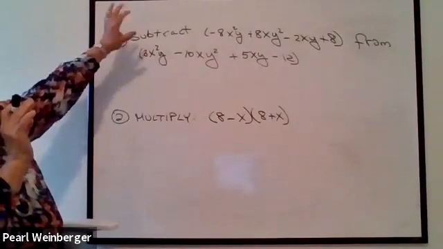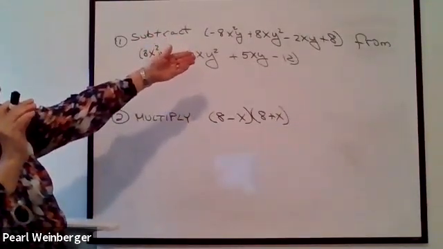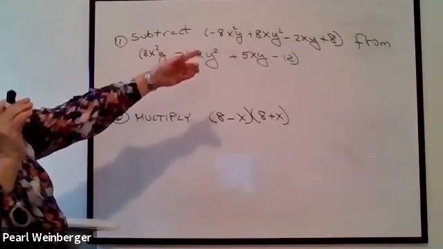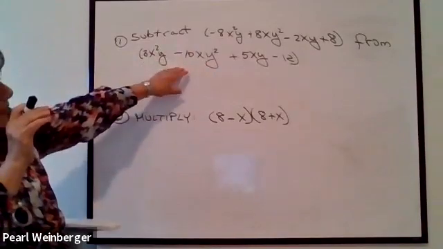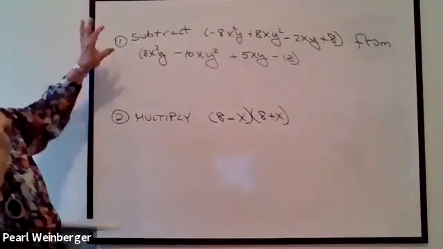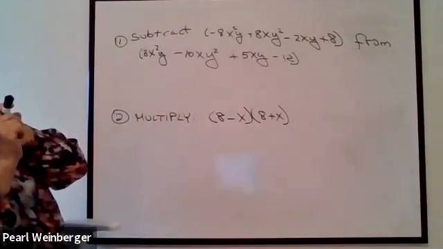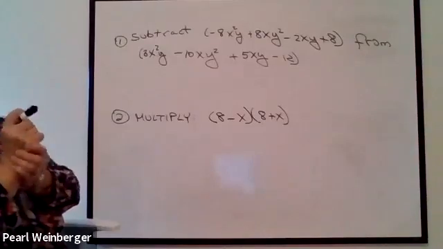Now it says subtract negative 8x squared y plus 8xy squared minus 2xy plus 8 from 3x squared y minus 10xy squared plus 5xy minus 12. Now be careful when you're reading these types of problems. When you're subtracting, the order in which you do it is very important.